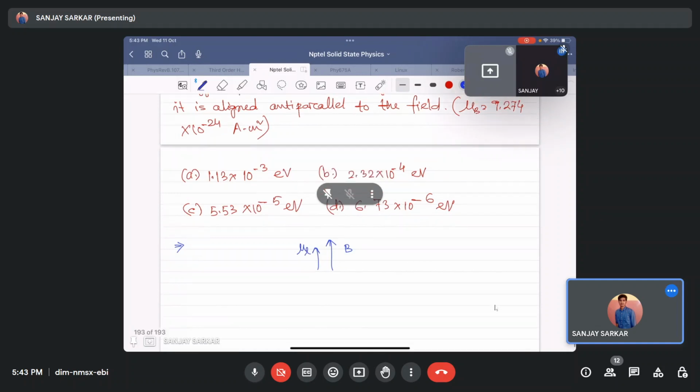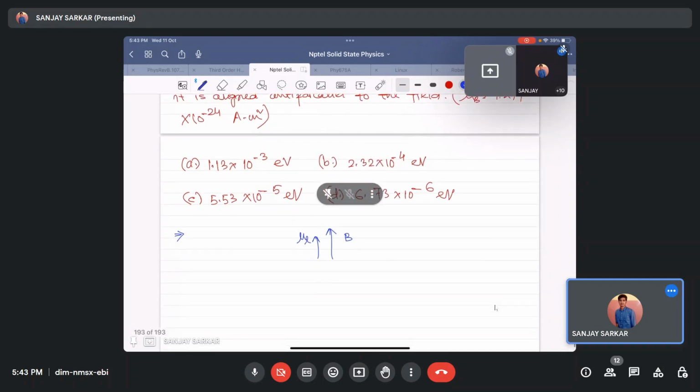So you know that the potential energy corresponding to this magnetic moment is given by minus mu l dot B, or minus mu l B cos theta. Since it is along that direction, theta is 0.